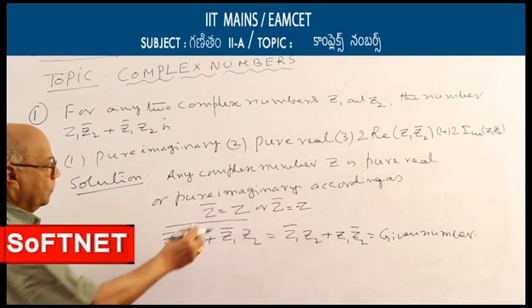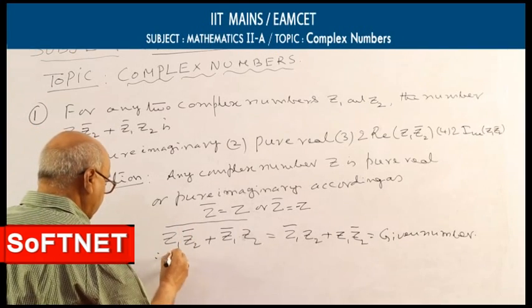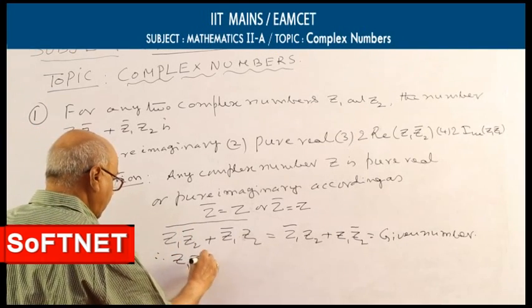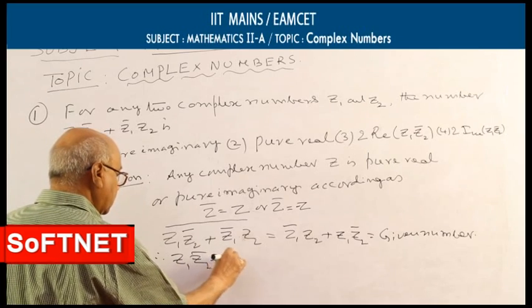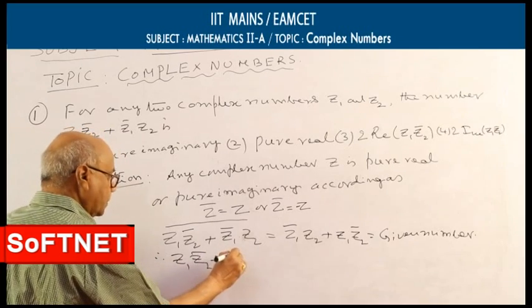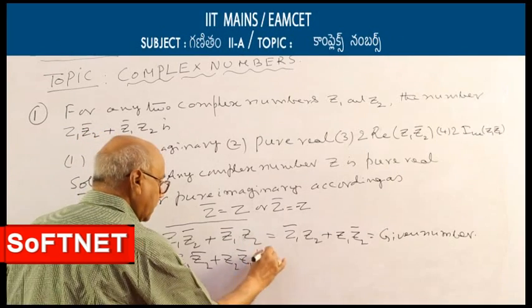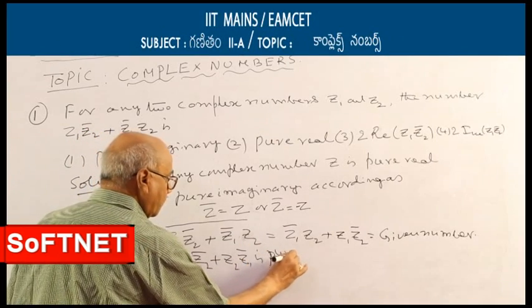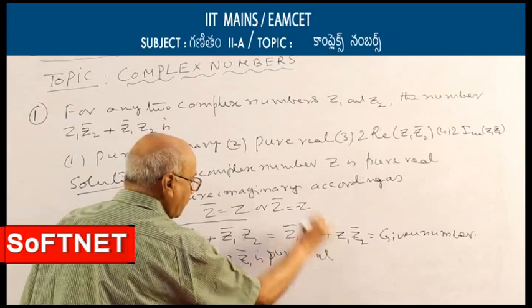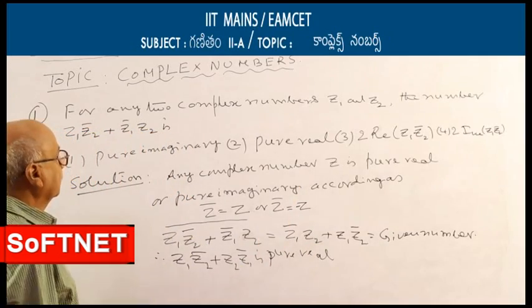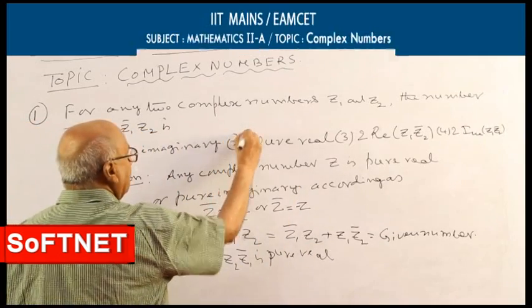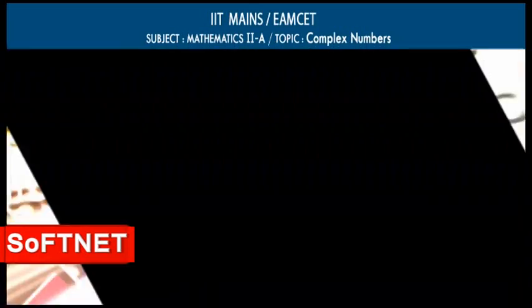Therefore Z1 Z2 bar plus Z2 Z1 bar is pure real. So the answer is number 2.